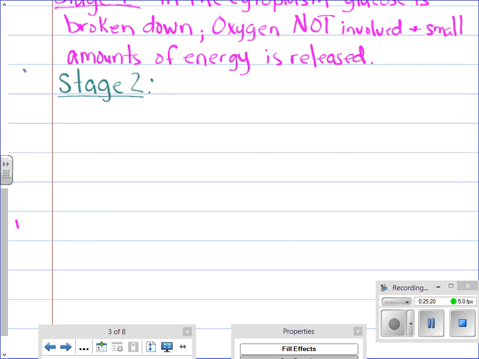this takes place in the mighty mitochondria. Because it takes place in the mitochondria, you think it's going to have a lot to do with what? What is the mitochondria good for? Energy.